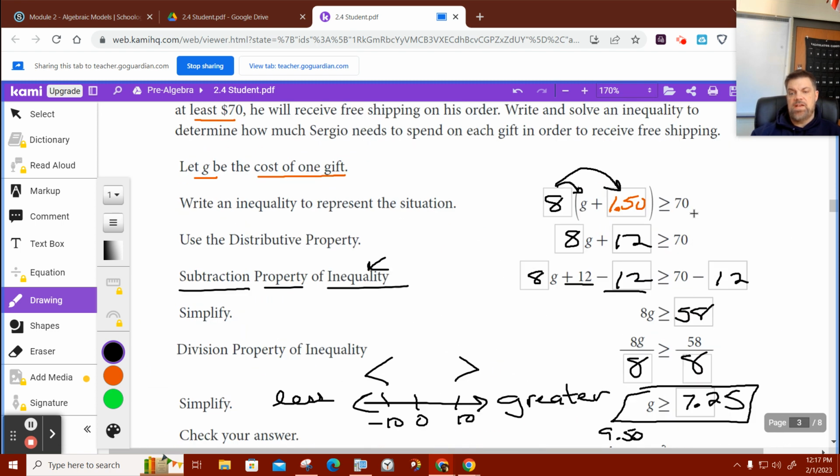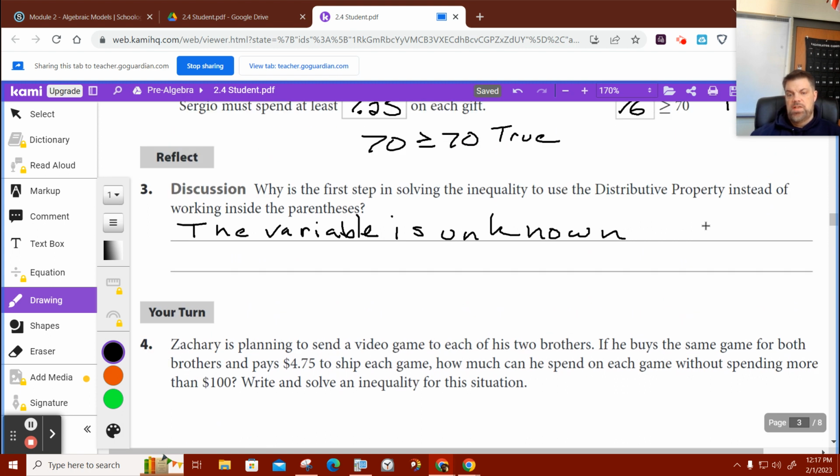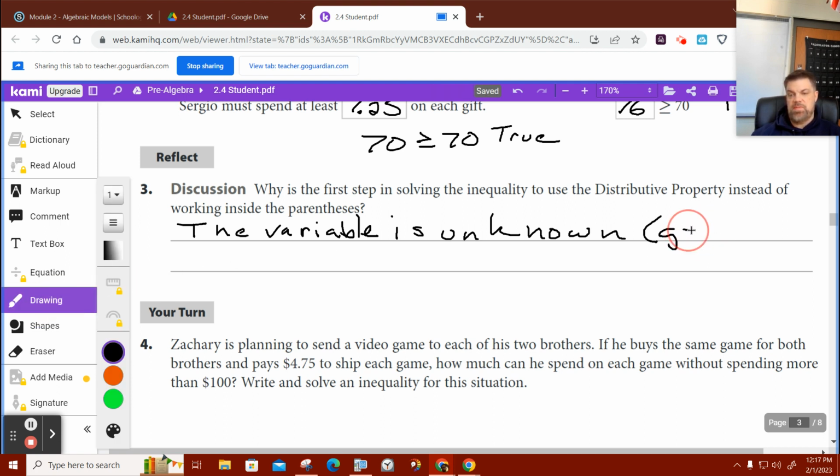So what they're talking about is this stuff up here, g plus 1.50. Why can't I just add those up? Well, let me do a better job. That's a little sloppy. It's really difficult to write on this. You guys make fun of me. Not you guys, but some of my students make fun of me.